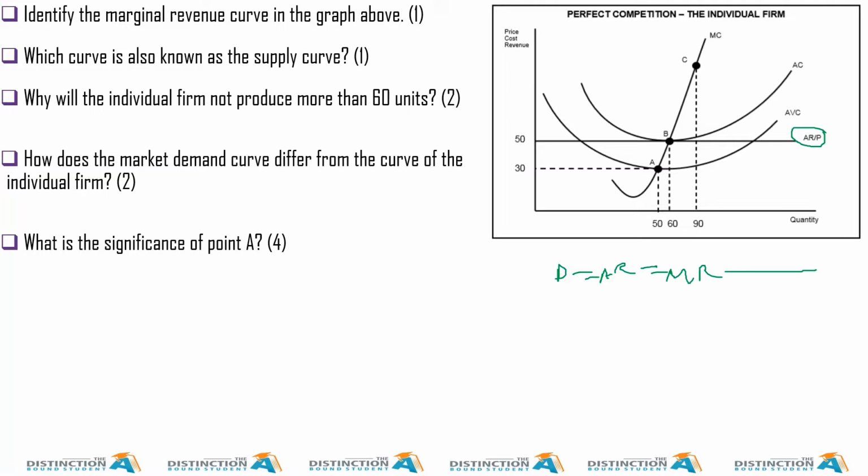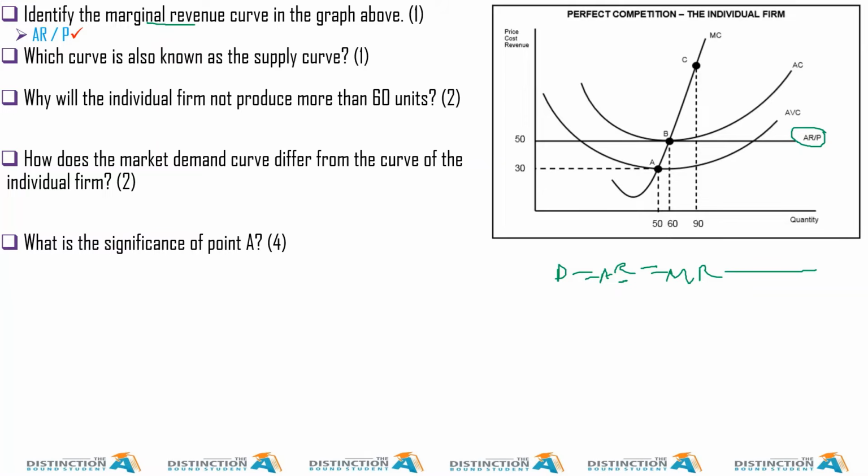So D is equal to AR, you see? This part here says AR, and this P is saying price. So if it's the price, that is our marginal revenue curve. So that's how you label it. You just label it the way it's labeled in this particular question.